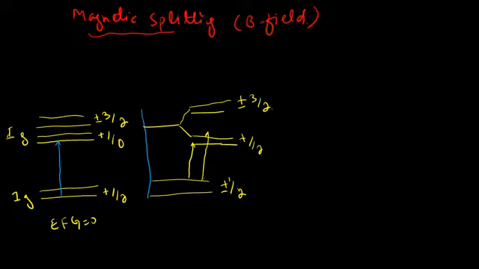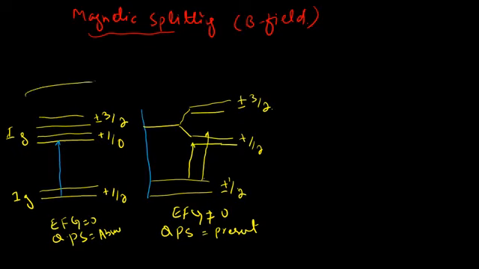This was the case of quadrupole splitting present, and in the earlier case, the quadrupole splitting was absent. But both cases were in the absence of a magnetic field, or when the magnetic field was equal to 0.